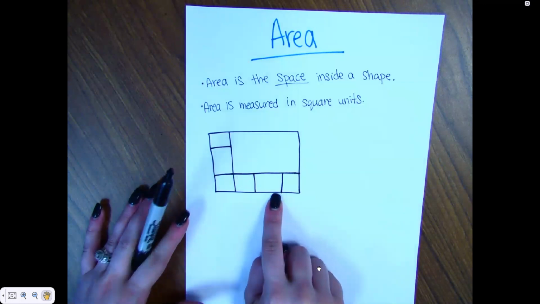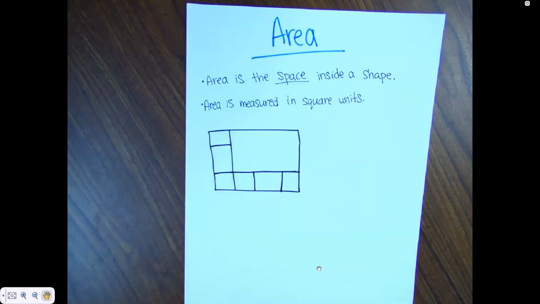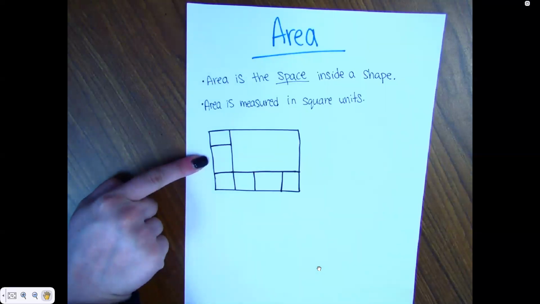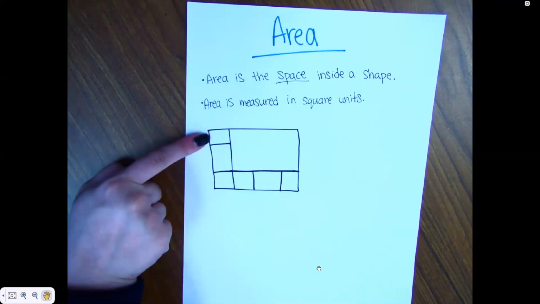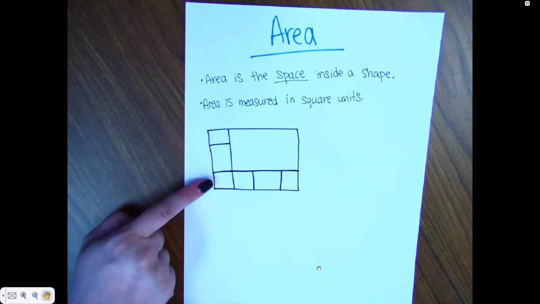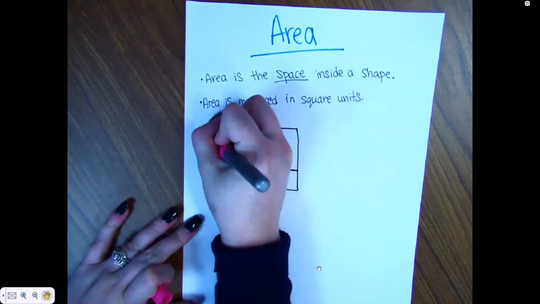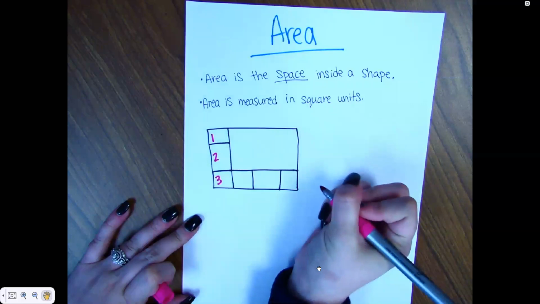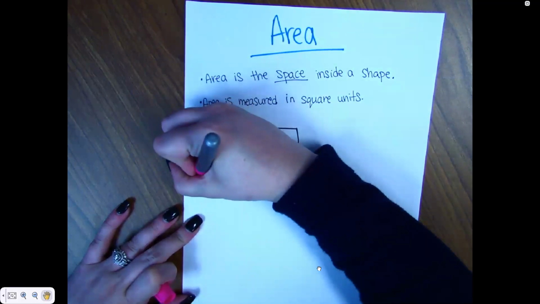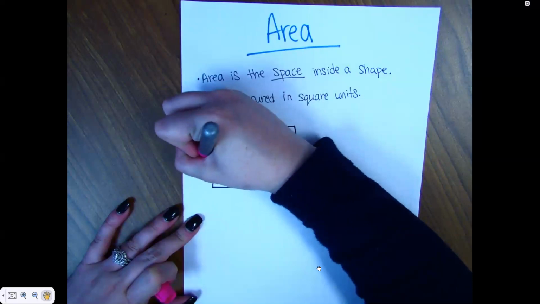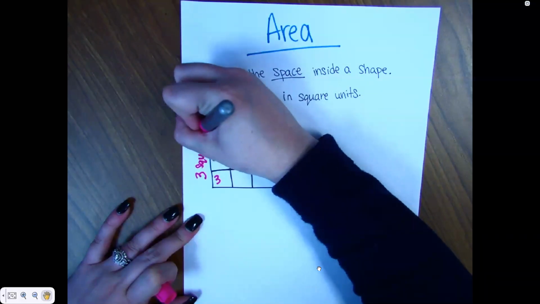So I have to count the square units on each side in order to figure out the length and width of those sides. If I count the squares on this side, I have 1, 2, 3. I have 3 squares. So I know this side is going to measure 3 square units.